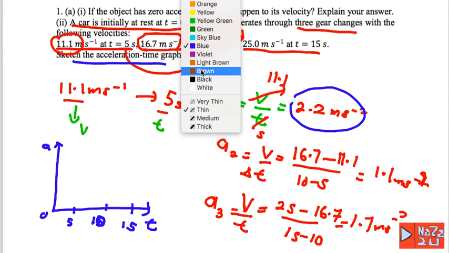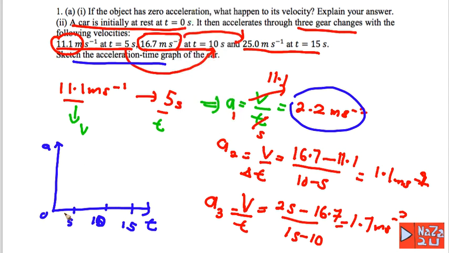From 0 to 5 it is 2.2, the second acceleration is 1.1, and we have 1.7 here.